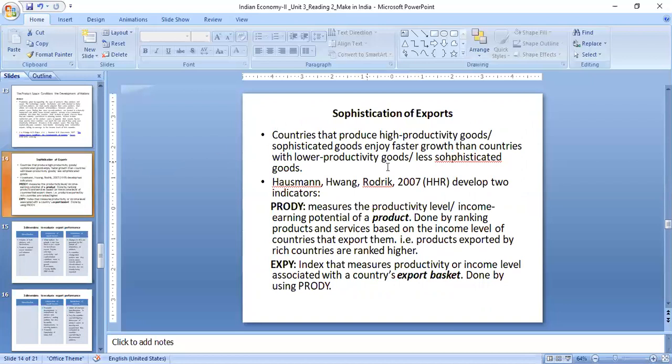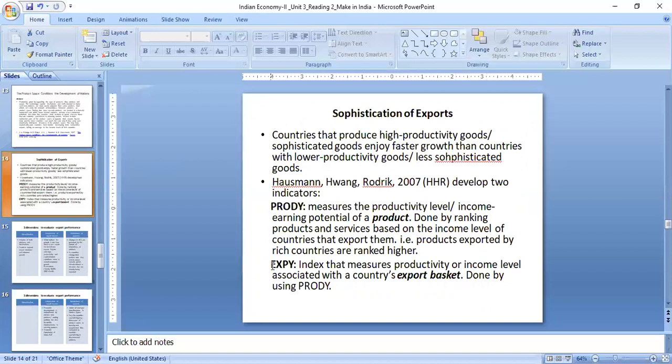Now, there's another term which is used, sophistication of exports, which refers to the productivity associated with exports. So the statement is that countries which produce high productivity or sophisticated goods enjoy faster growth than countries which produce lower productivity or less sophisticated goods.